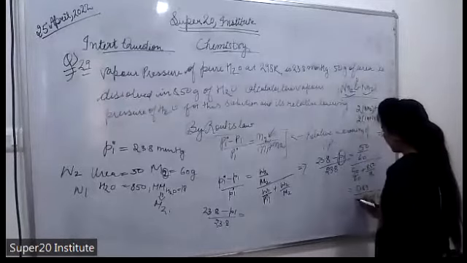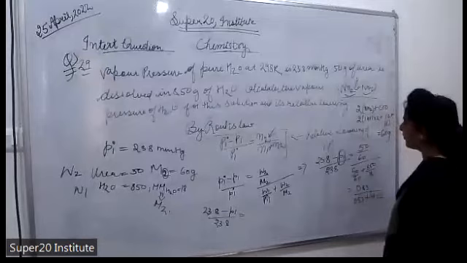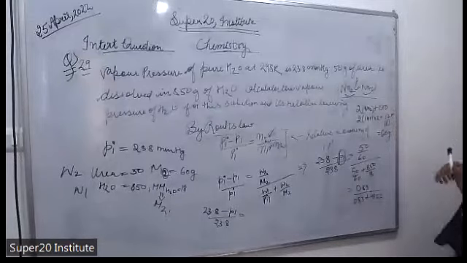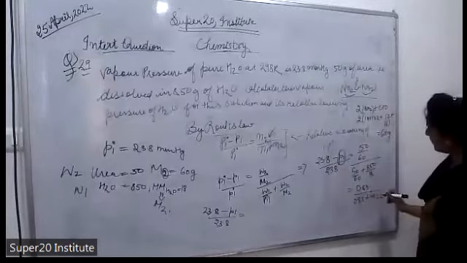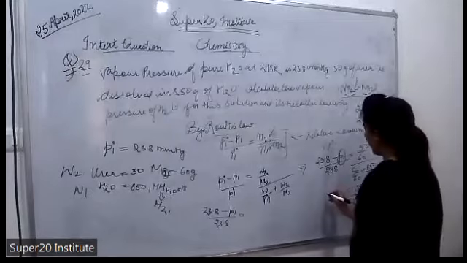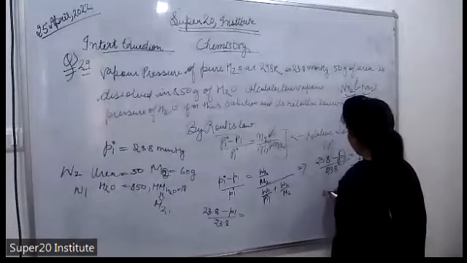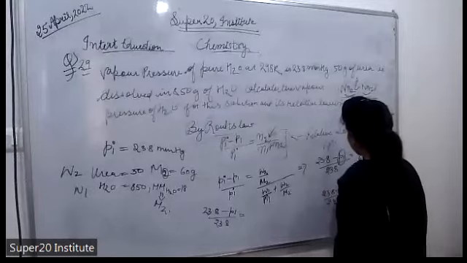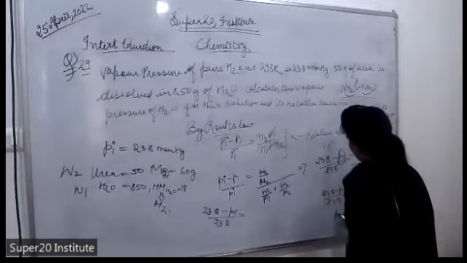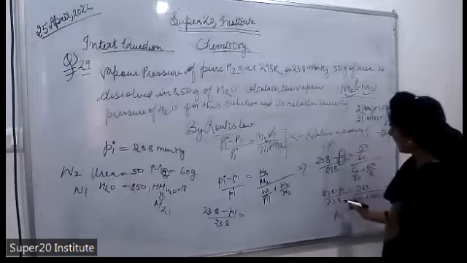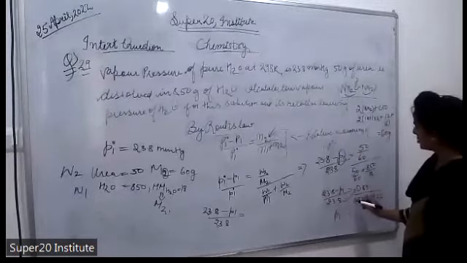So what we get? Number of moles will be 0.83/0.83 plus 47.22 and here 23.8 minus P1/23.8. So और सिंप्लीफाई करोगे यहाँ पे क्रॉस मल्टीप्लिकेशन हो जाएगी.